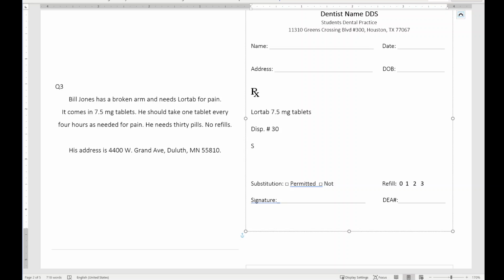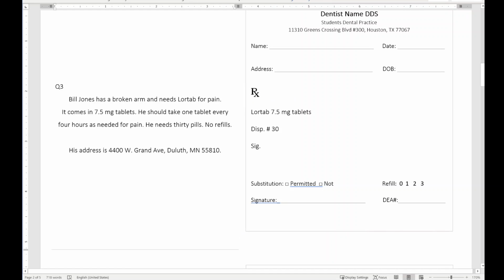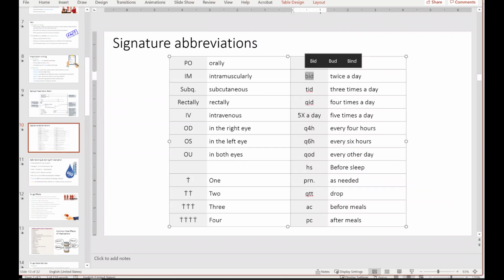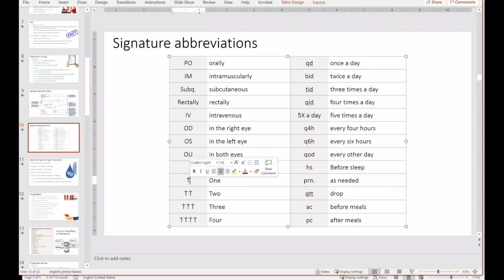And then the signature, which is what he needs. One tablet every 4 hours as needed for pain. That's it. One tablet every 4 hours as needed for pain.